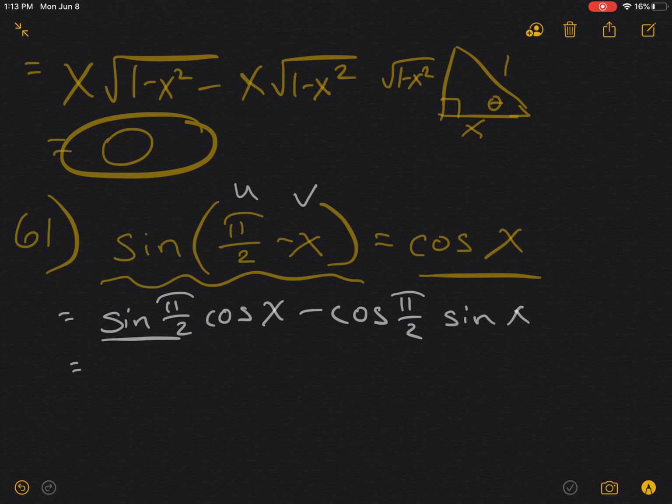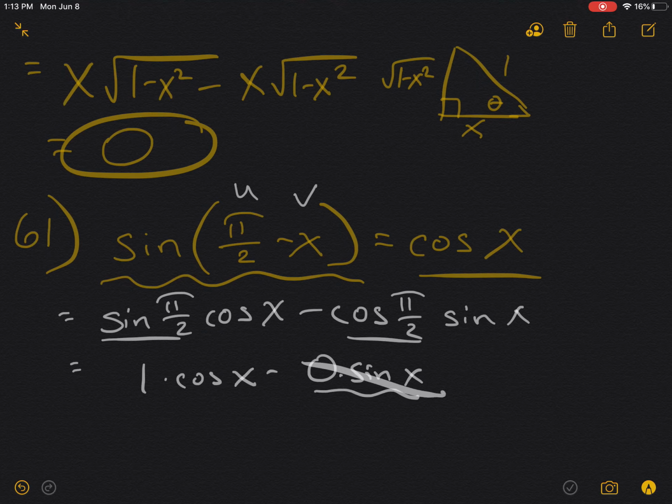Unit circle, sine of pi over 2 would be 1. Cosine x is going to come down. Minus cosine of pi over 2 is 0. And then sine x. Anything times 0 is just 0. So as you can see right here, 1 times cosine of x is just cosine of x.